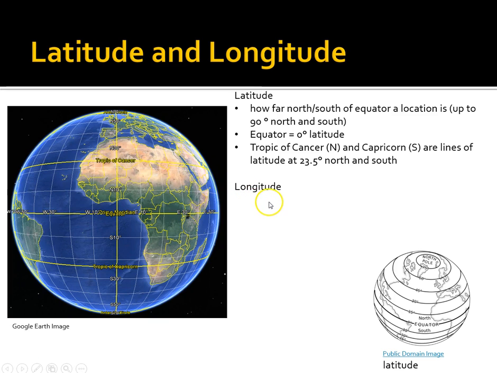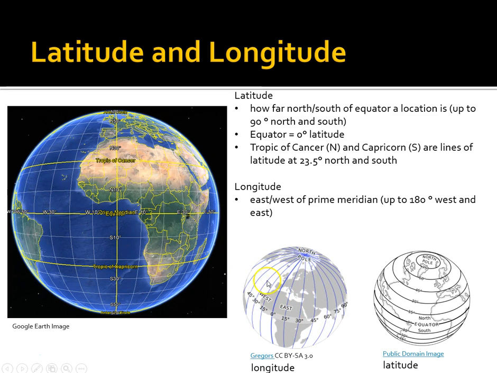Okay, now longitude is the other direction. Longitude indicates east and west, all right? So if you can imagine a giant circle going around the Earth from north to south, that's your lines of longitude, okay? And they start at 0 at the prime meridian, which goes through Greenwich, England, which is up here.